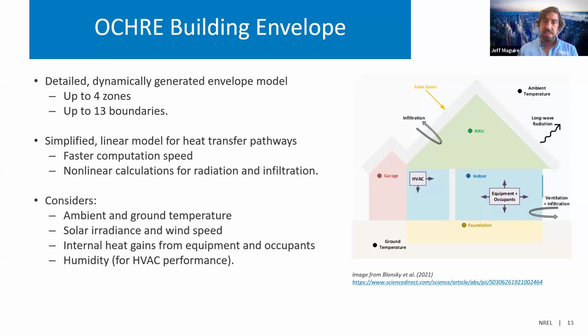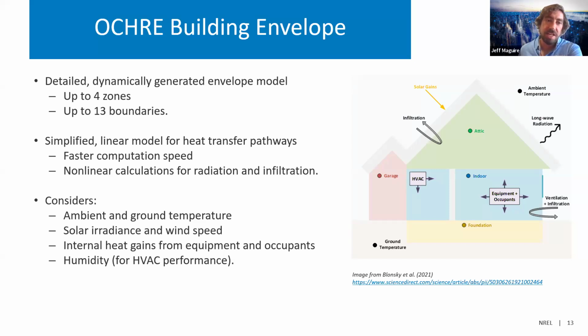And so we'll generate those unconditioned zones that will have their own model with their own temperature and humidity. And then all the R's and C's for all the different constructions, walls, ceilings, floors, etc., to account for all the heat transfer in the building envelope.